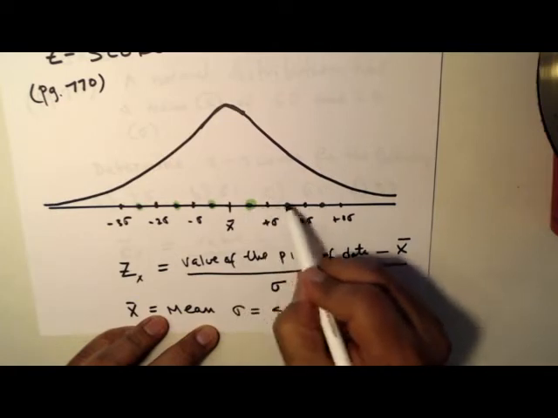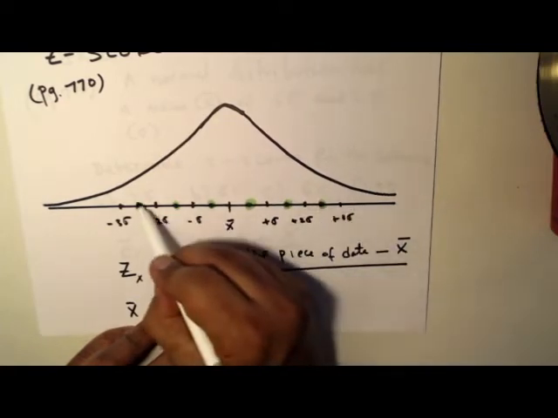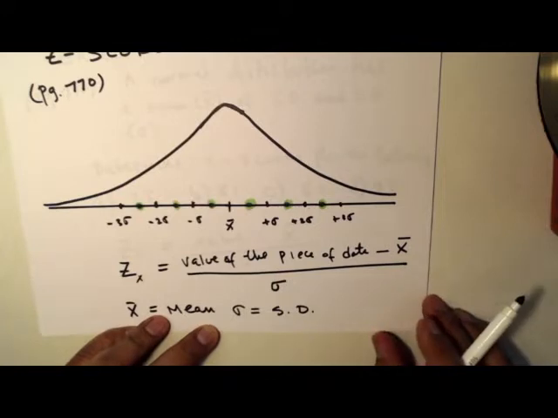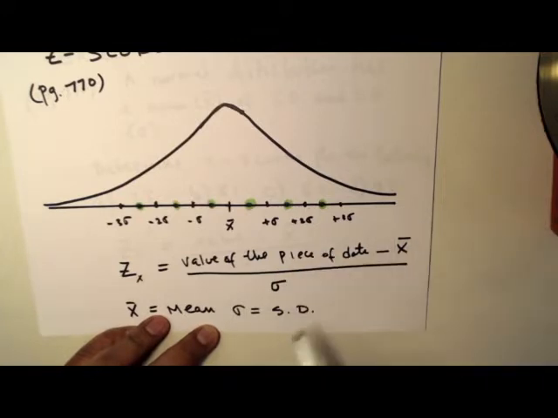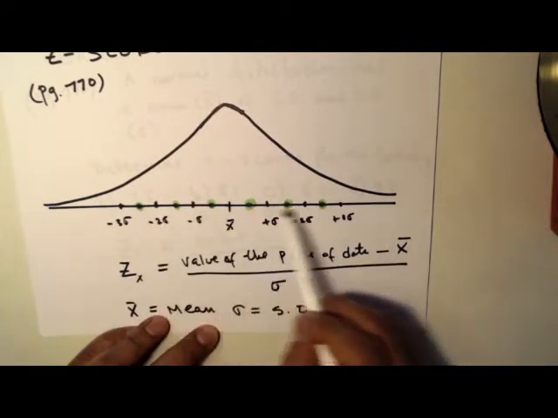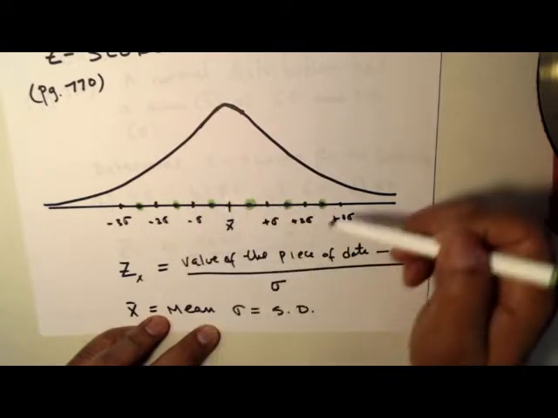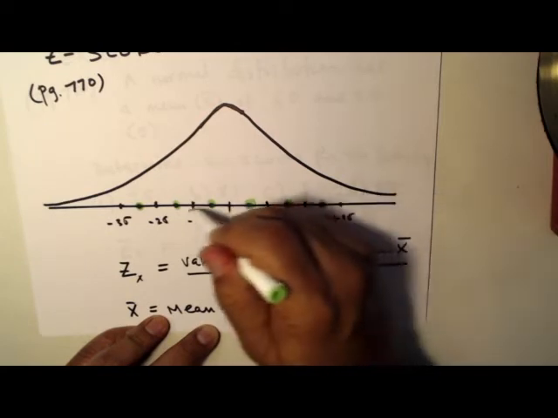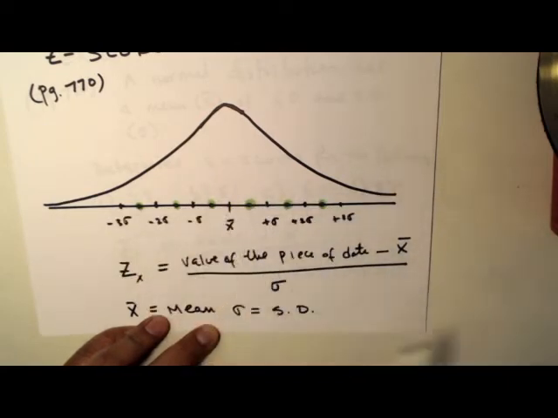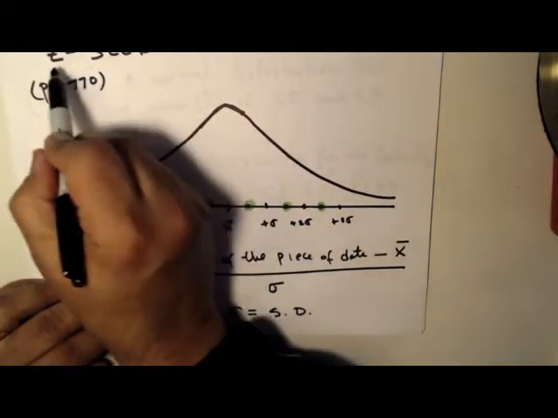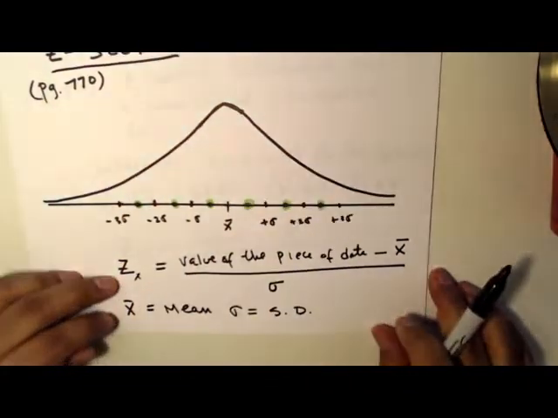Now the situation changes, right? For us to be able to calculate points that fall within the standard deviations, not exactly on the points themselves, we need to use the concept of Z-scores. They're also called standard scores.